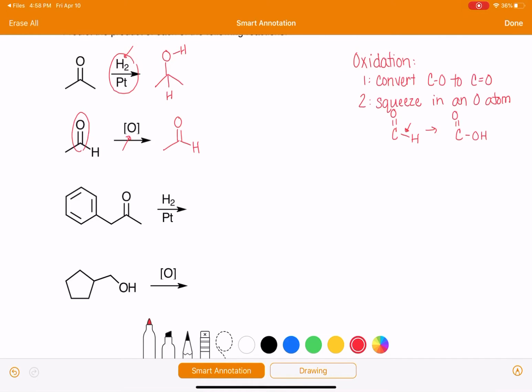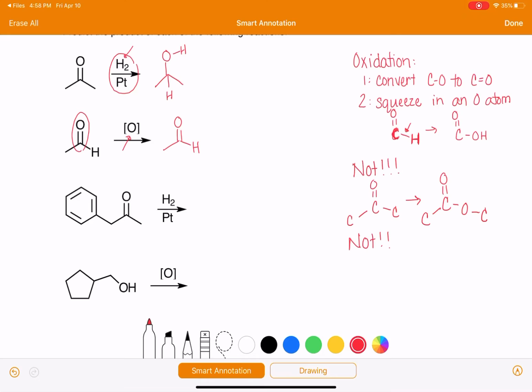Let me show you some things that it does not want to do, some squeezes that it does not want to make. So let's say that you have this. It does not want to squeeze into one of those bonds like that. Nope. It only wants to squeeze into a carbon-hydrogen bond specifically, not into any old bond. Oh, also, not just any old carbon-hydrogen bond.